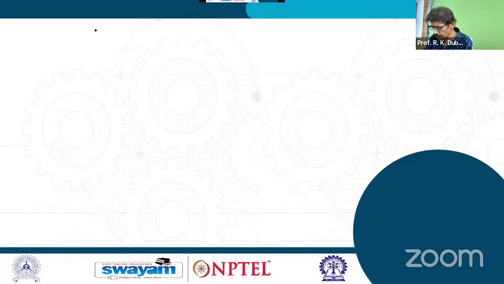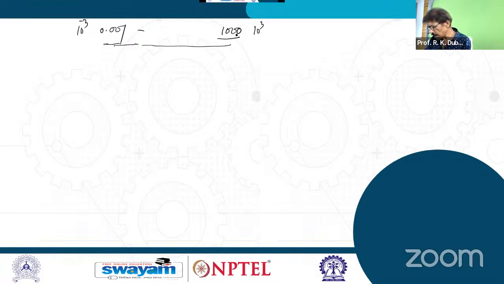The value of the Q system ranges from 0.001 to 1000, that is, 10 to power minus 3 to 10 to power 3.